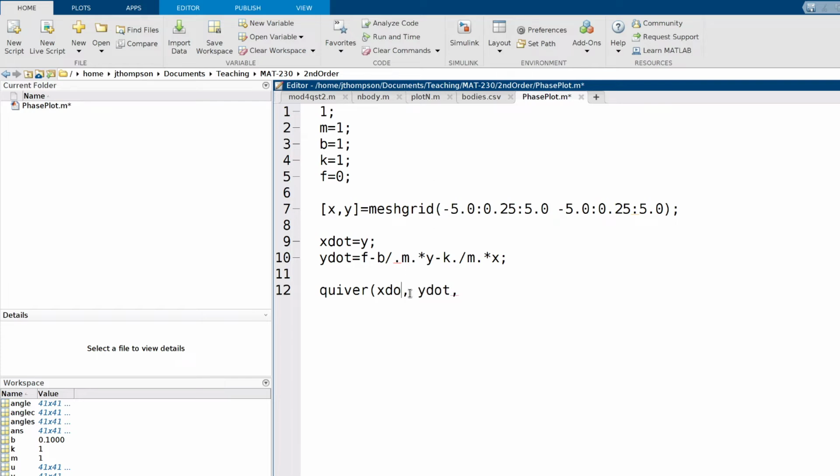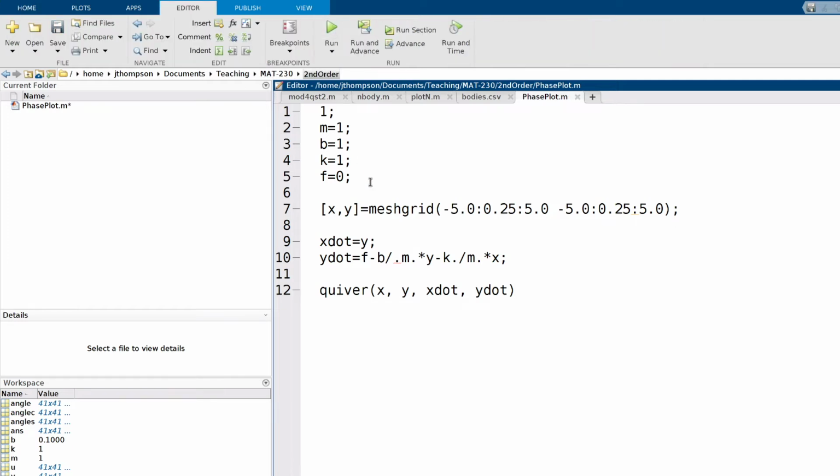No, I want my x and my y, and for right now I'm going to have the end of the vector at x dot, y dot. Let's see if I typed in any bad errors on there. Yep, invalid operator. Where did I invalidate the operator? Oh, yep, my dot's on the wrong side there.